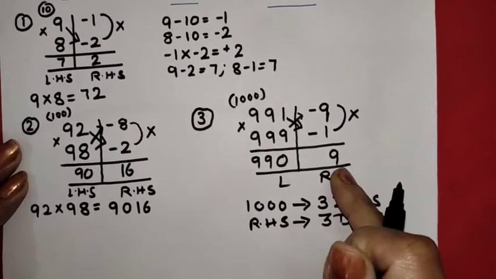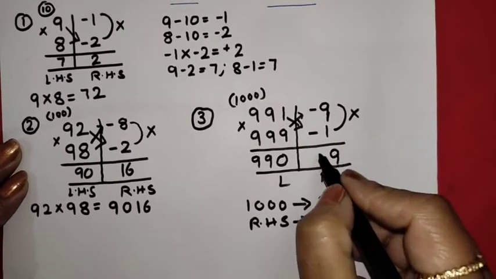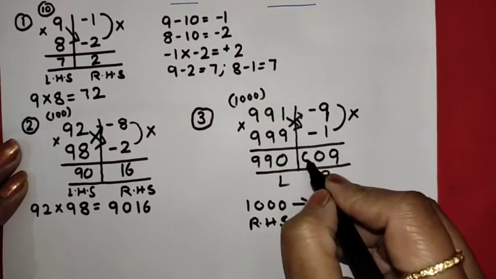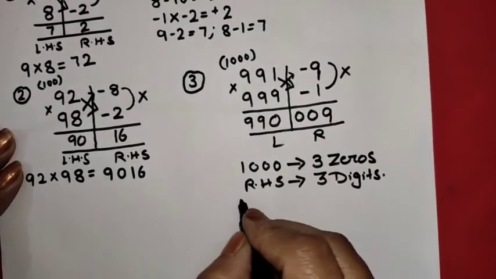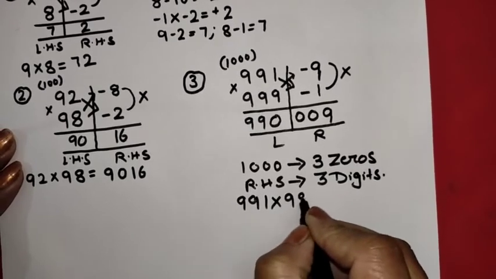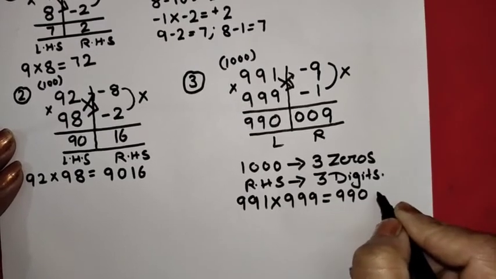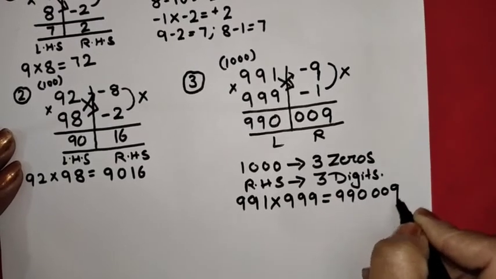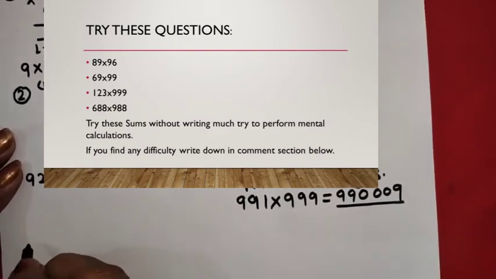But as you can see here, we have only 1 digit, 9. So what we will do? We will prefix it with 2 zeros to make it a 3 digit answer. Right? I hope this is clear. So the final answer for 991 and 999 comes out to be 990009. See how big answer and how quickly you have found out the answer of this question.